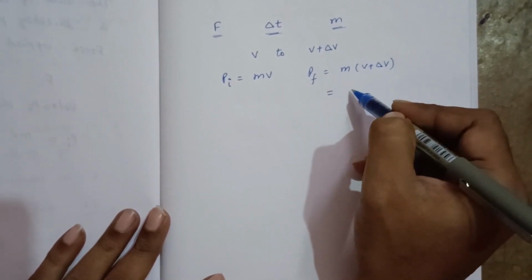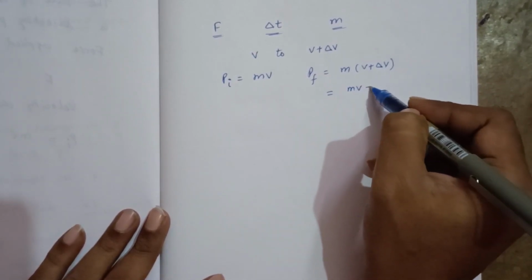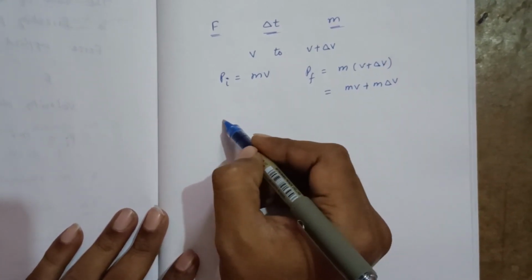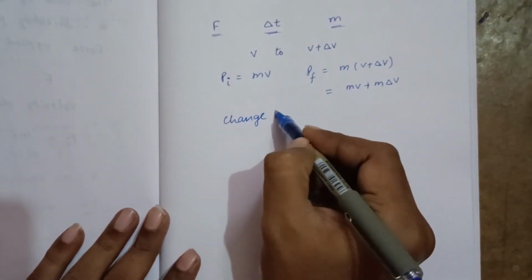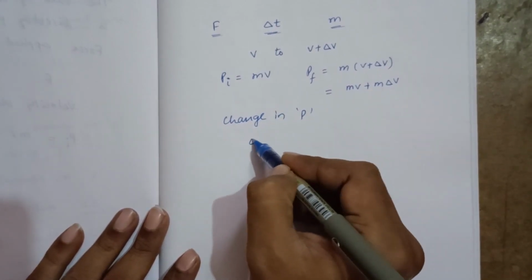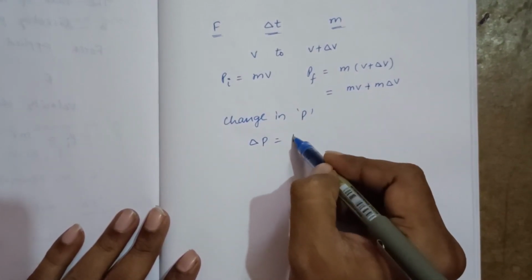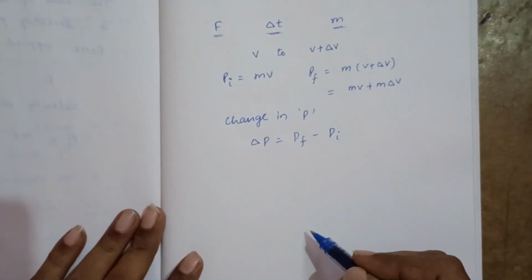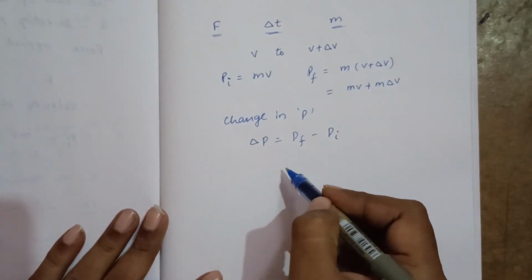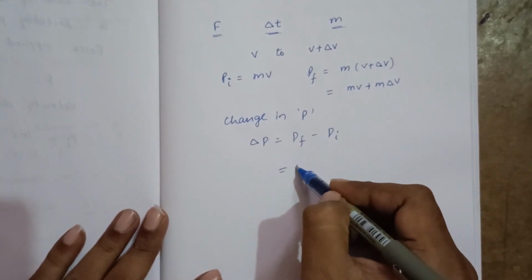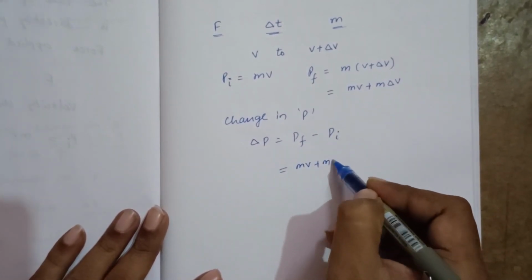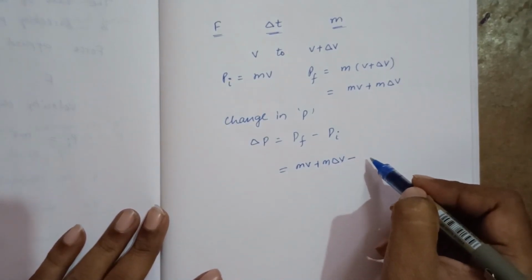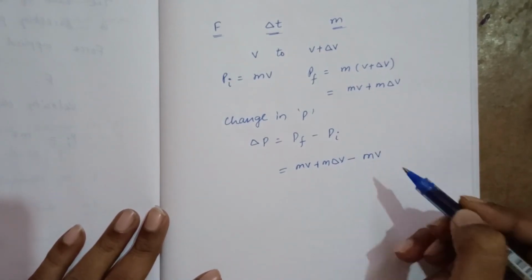Change in momentum delta p equals final momentum minus initial momentum, so mv plus m delta v minus m into v.